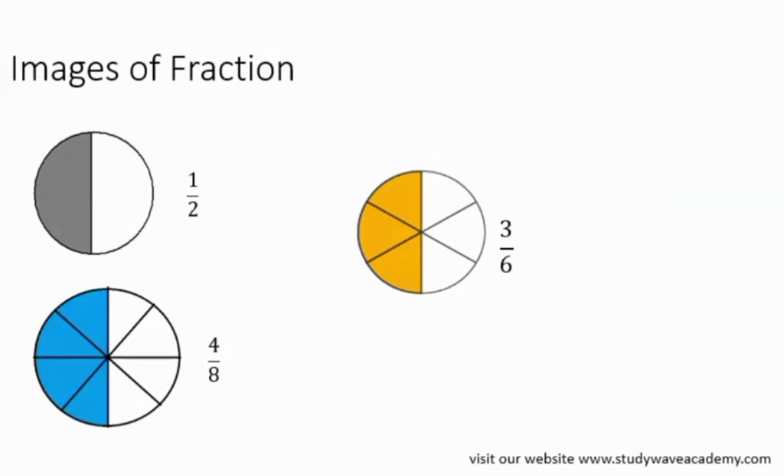And the denominator is 8 because it represents the whole object that is divided into 8. Do we understand?